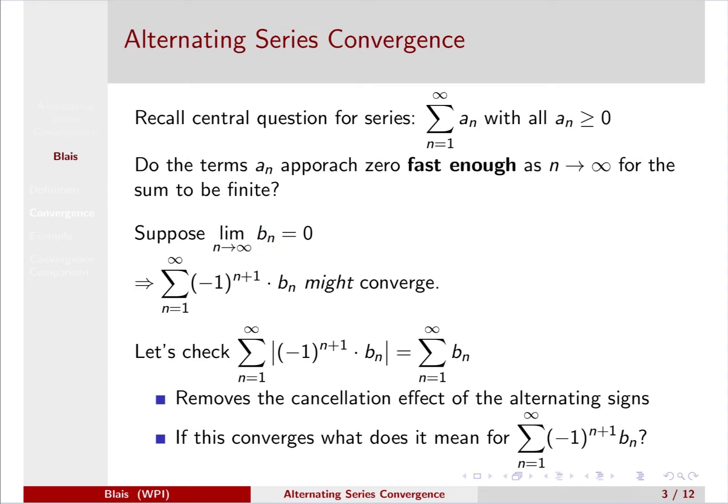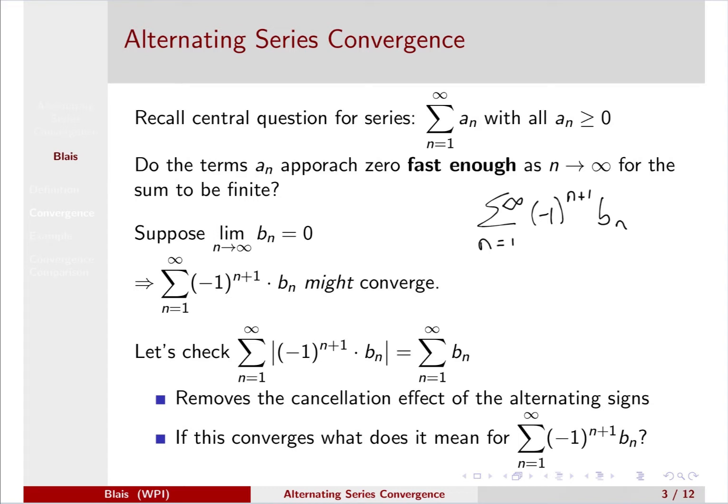So recall our alternating series, the sum n going from 1 to infinity of minus 1 to the n plus 1 times b sub n. Let's assume the b sub n's do go to zero so that we may have some kind of convergence for the series.